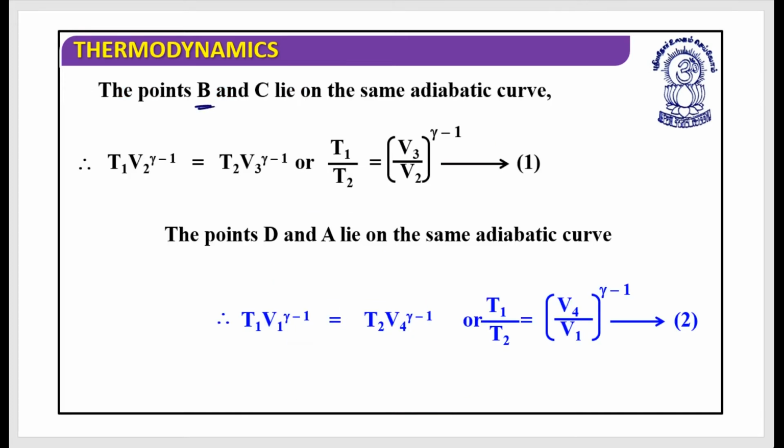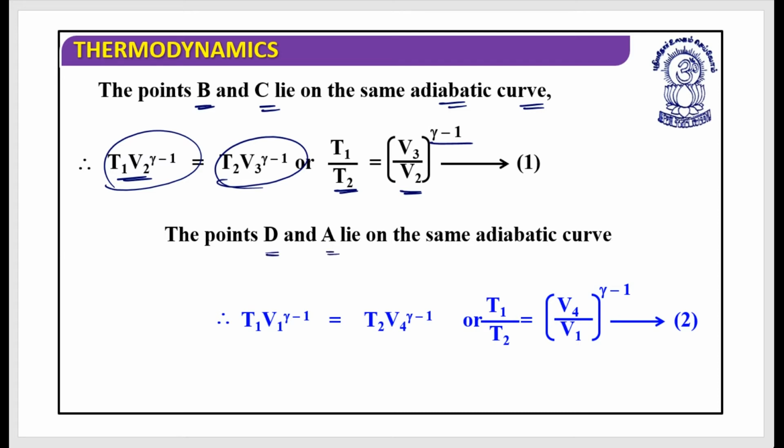We know that points B and C are lying on the same adiabatic curve, and if they are lying on the same adiabatic curve, we could have this relation: T V to the power gamma minus 1 is equal to constant. From this, T1 V2 to the power gamma minus 1 is equal to T2 V3 to the power gamma minus 1, or T1 by T2 would be equal to V3 by V2 to the power gamma minus 1.